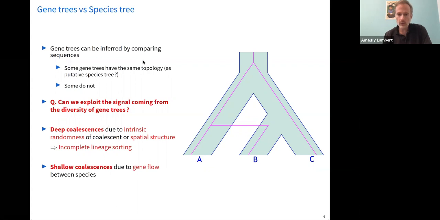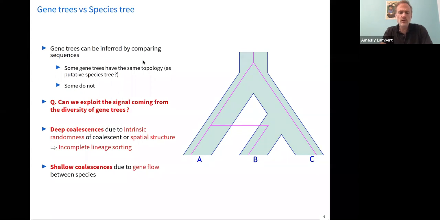The fact that here the ancestral species to A and B have exchanged material at some point in time, so that A and B are more closely related if you trust this pink gene rather than the orange gene just before.